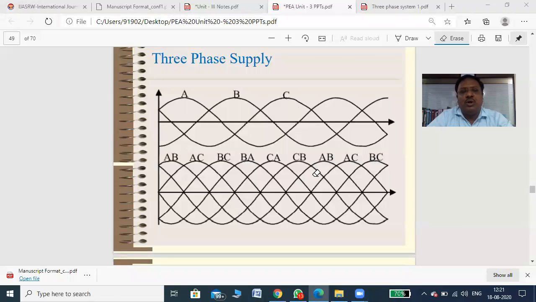Okay, so why three phase? Because wherever the generators are, whether a thermal station, a hydraulic power station, or any other power station, the generated power is three-phase power, right? And second, in a single-phase converter the ripple components are more.